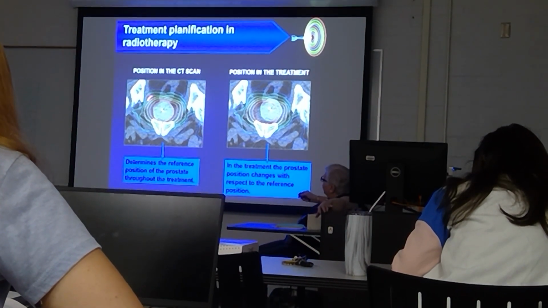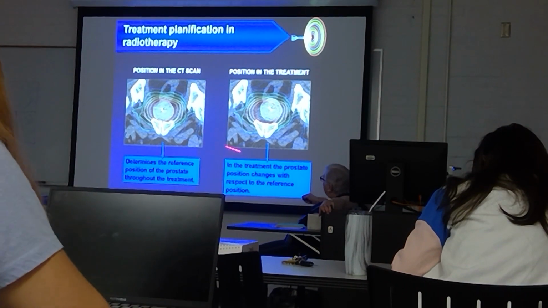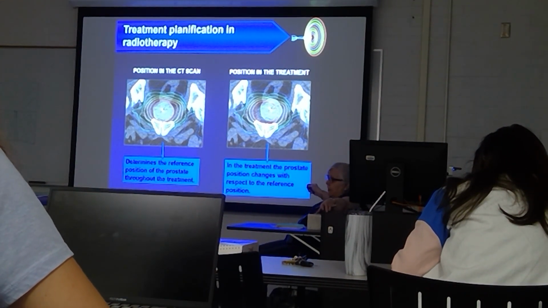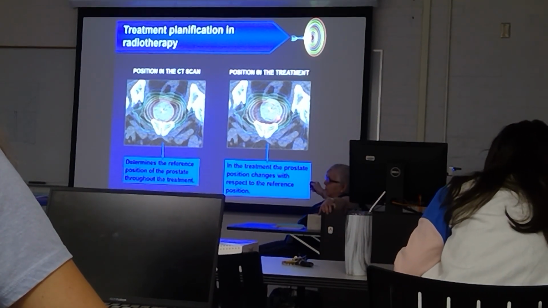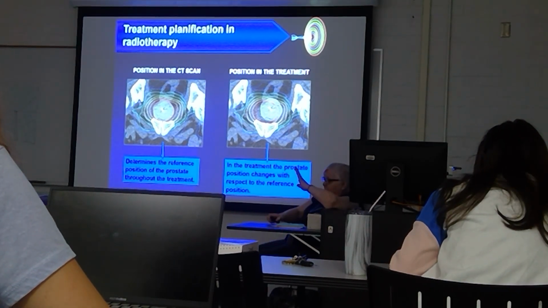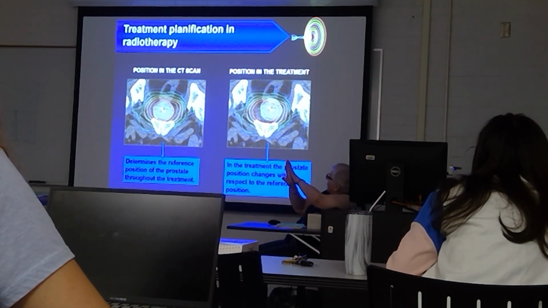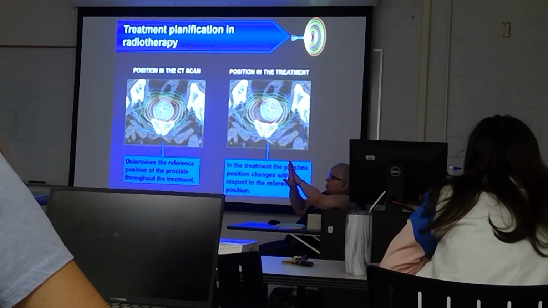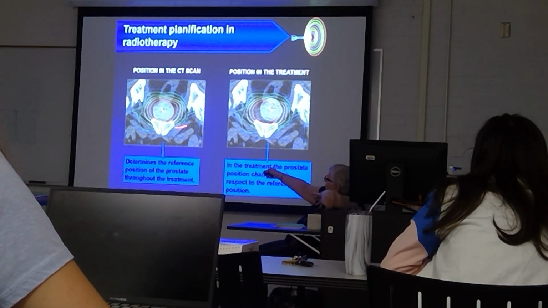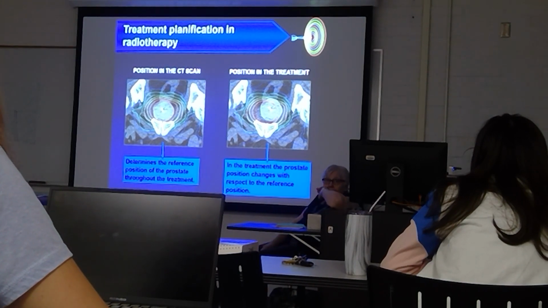So here you have, this is from CT, this is from, we'll say, cone beam CT. See how far it moves. So what would we do then? You would superimpose one on the other and move the treatment field until it matched our CT. That's your cone beam CT.